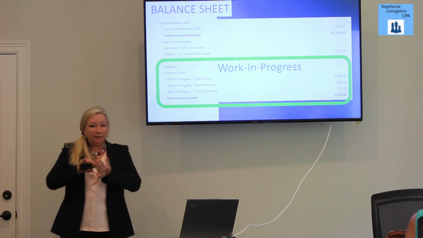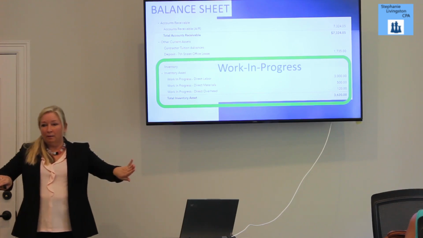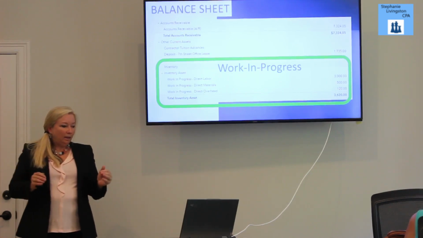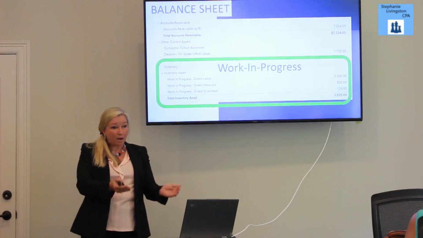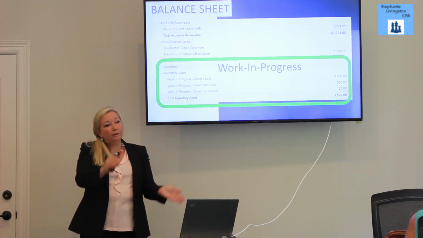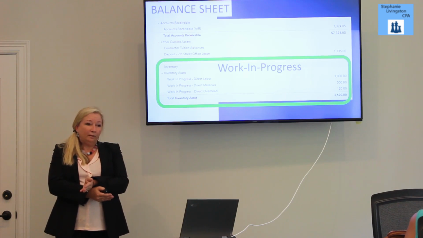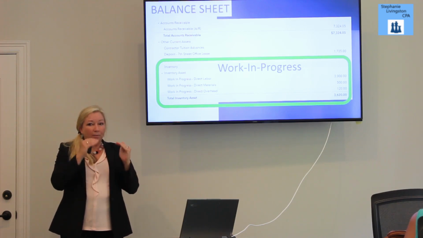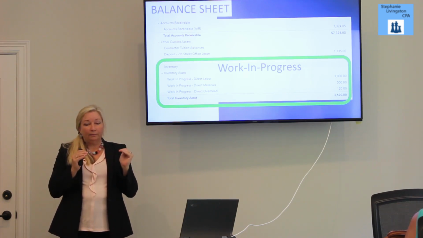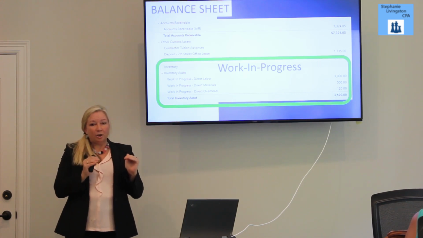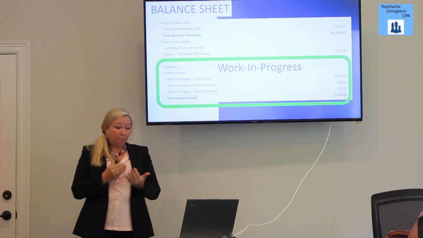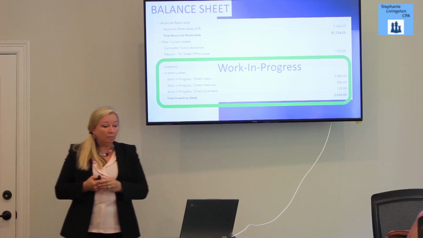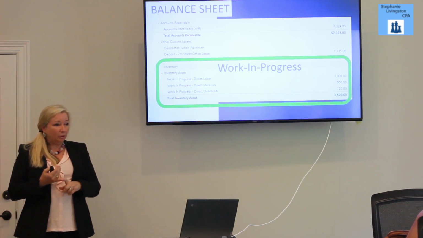And that way, these things can be separated, right? Because eventually, when your work in progress is done, you move it over with a journal entry. You keep track of it by project or job, and your report will tell you how much you have built up in your work in progress account for that particular job.